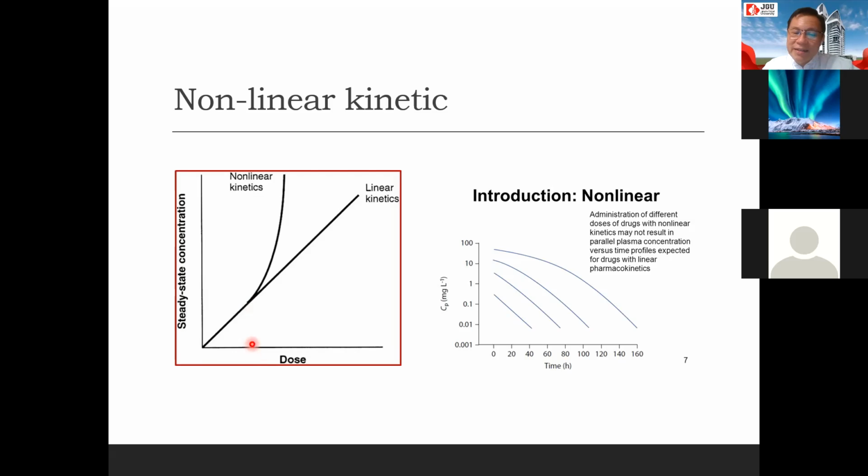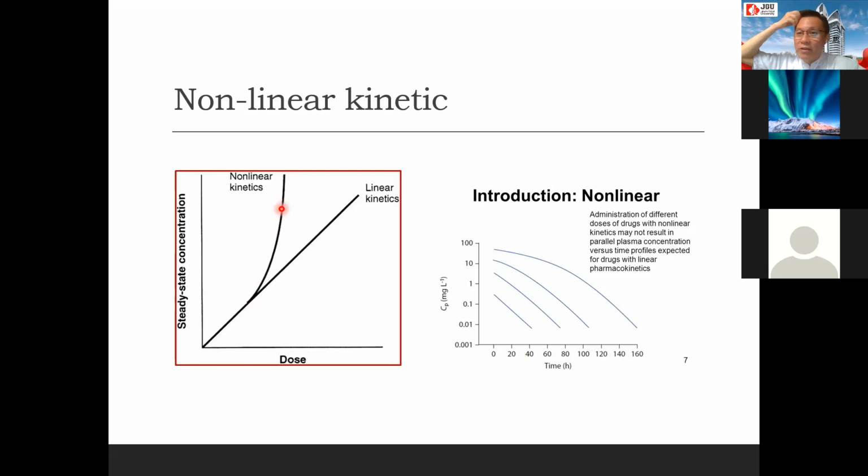Once the dose is higher than the Vmax, it will follow the non-linear kinetic. The drug will follow the non-linear kinetic when it is approaching the Vmax, when it is above the Km. Eventually it will become non-linear, but we are not too sure when.